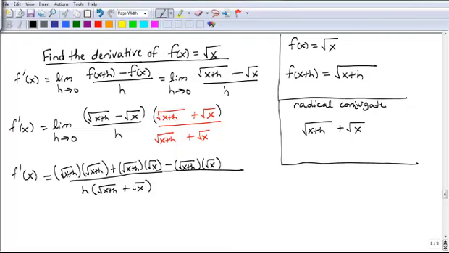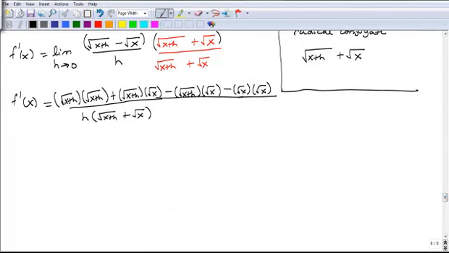And the last one is negative square root of x times square root of x. So all I did was do first, outer, inner, last. I FOILed those together. Now this is the square root of x plus h squared, because it's multiplied by itself. And this right here is the square root of x squared. Notice the square and the square root erase each other.